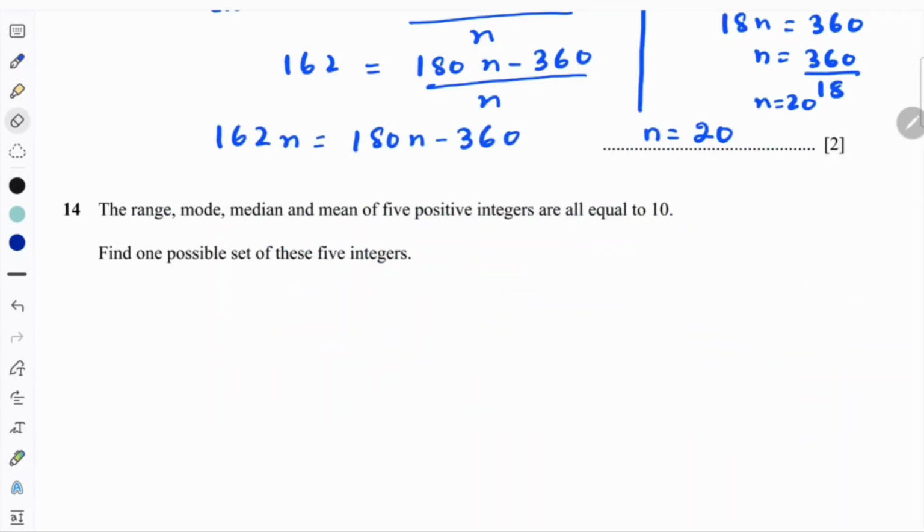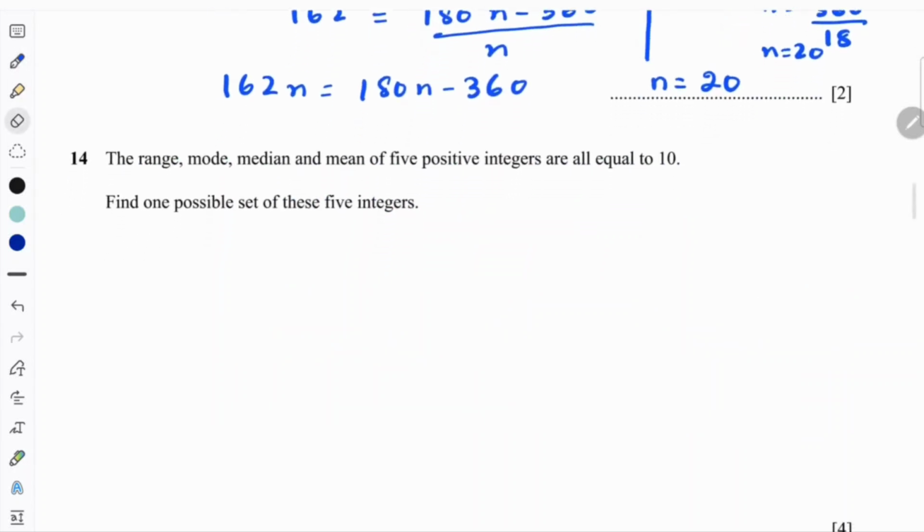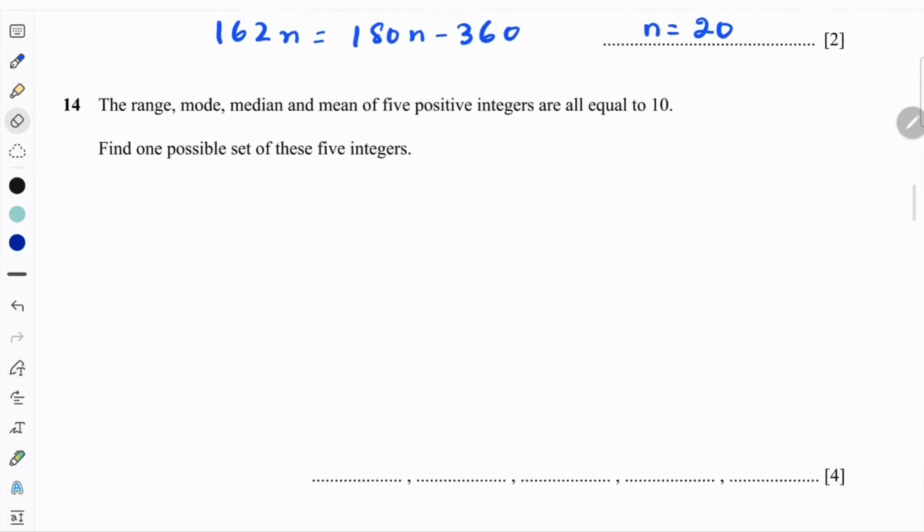Now question number 14. The range, mode, median and mean of 5 positive numbers are equal to 10. It means the range, mode, median, mean, all the values of their answers are 10. Find one possible set of 5 integers. Okay, so the median is 10. So in the center I'll write down 10 first of all.